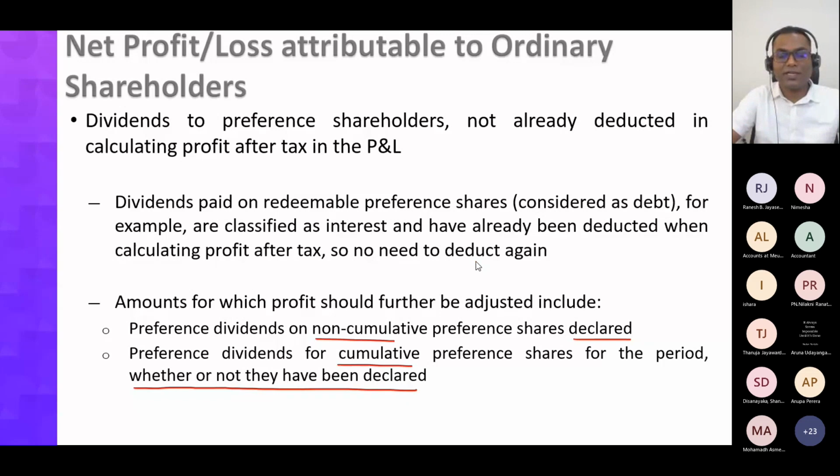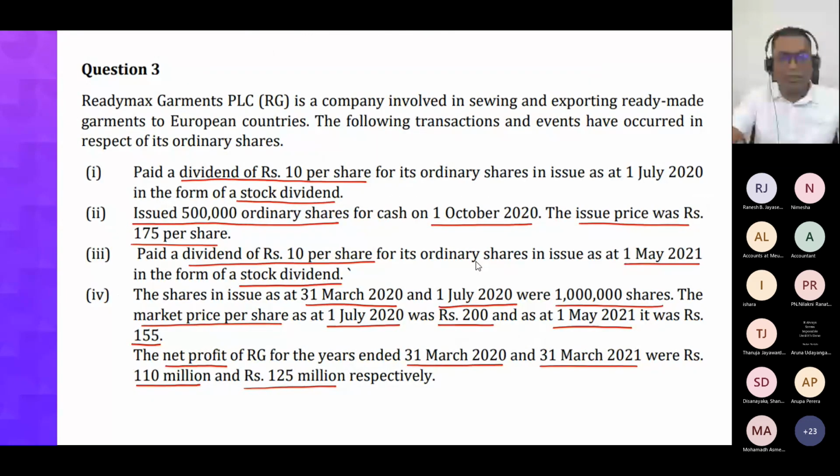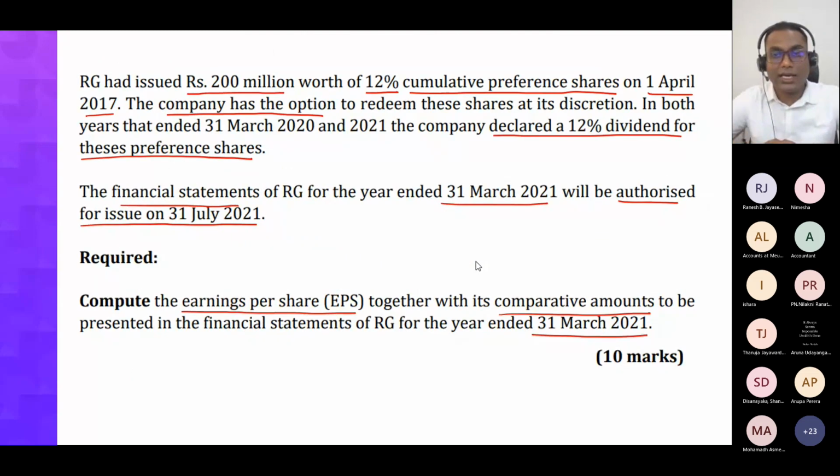Now applying to this particular question, the first question now you should answer, right? If you look at this particular question, the first para of this slide explains this particular preference share. What I wanted to ask from you is, is this preference share to be classified as a financial liability? If it is classified as a financial liability, dividends are considered as finance cost, and we have to assume that they are already deducted when calculating the profit after tax.